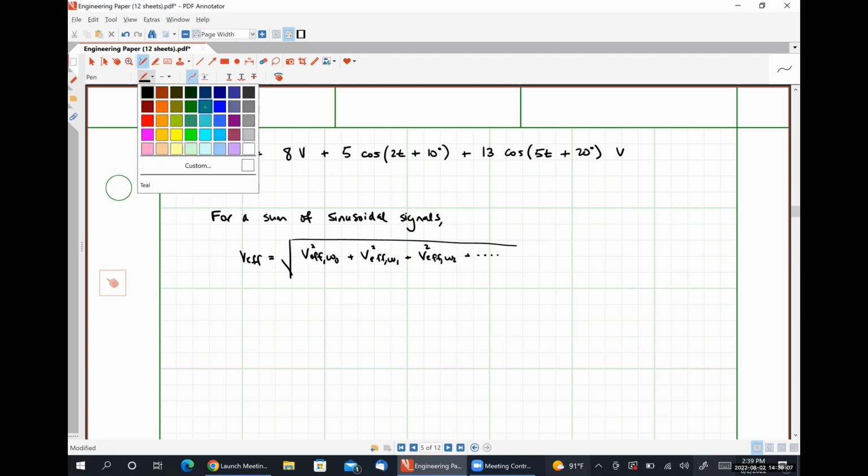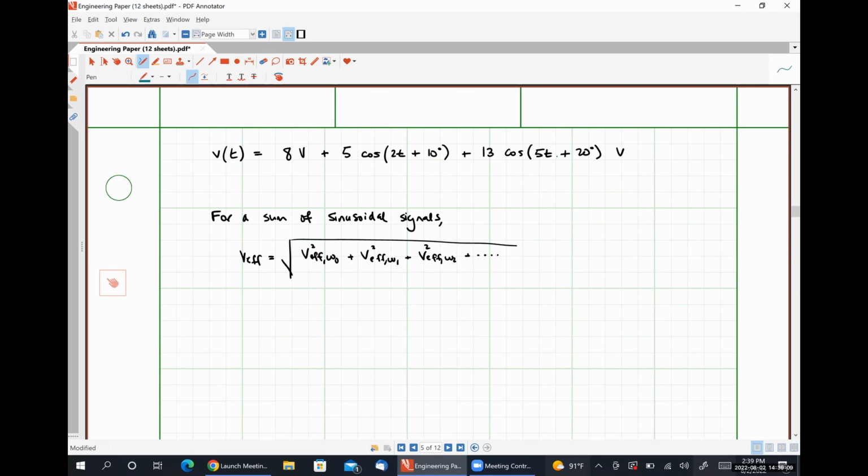You may be asking yourself, how does this equation apply to this guy up here? So let me show you something a little tricky. 8 volts could be written as 8 cosine 0t plus 5 cosine(2t plus 10 degrees) plus 13 cosine(5t plus 20 degrees).